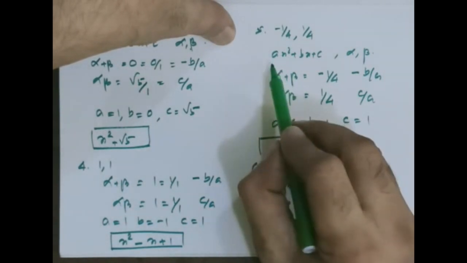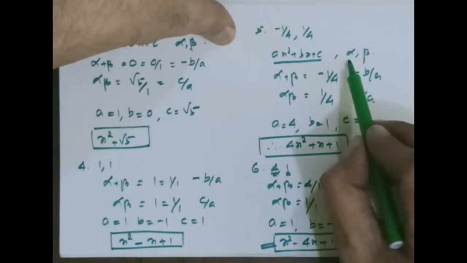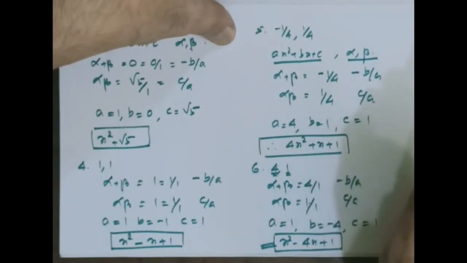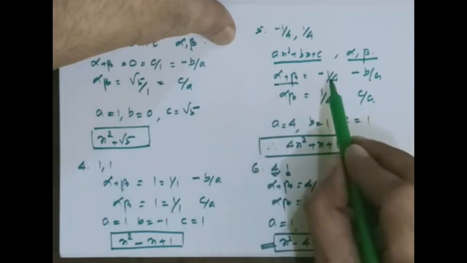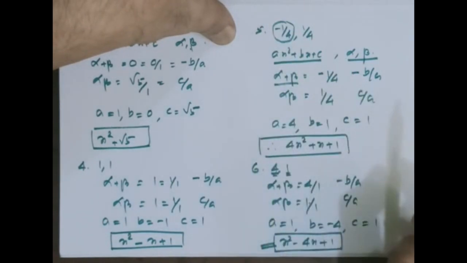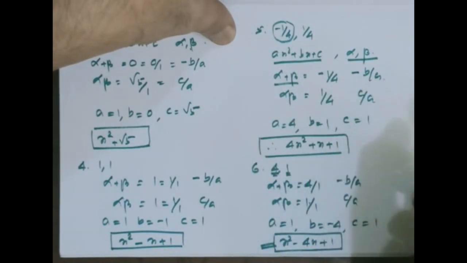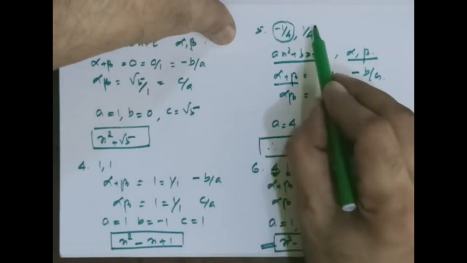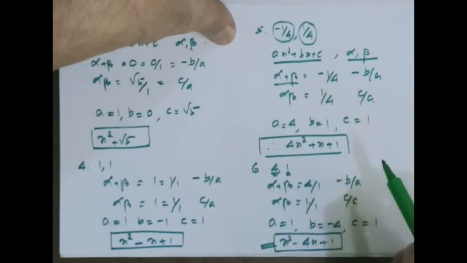We represent it in the general form ax square plus bx plus c, and let alpha and beta be the zeros. The sum of the zeros, that is alpha plus beta equal to minus 1 by 4. That is the sum already given, which is equal to minus b by a, which we already discussed in the previous exercise. And the product, that is alpha into beta equal to 1 by 4.